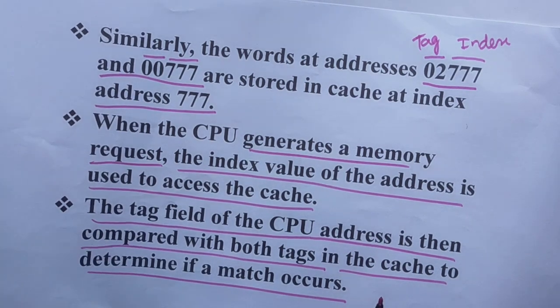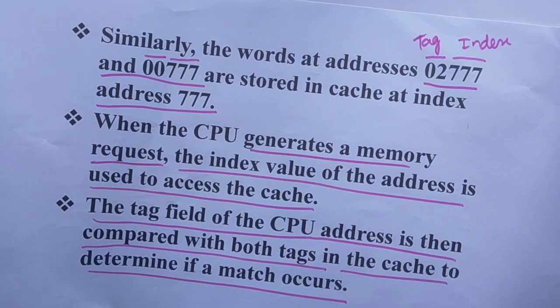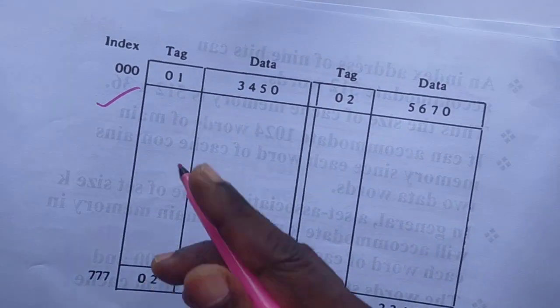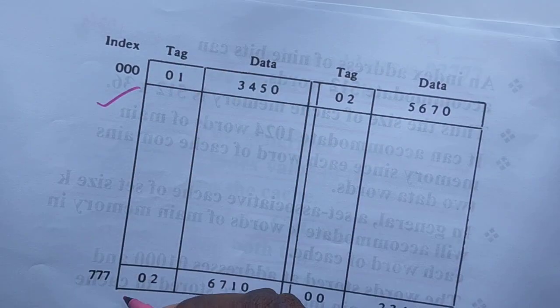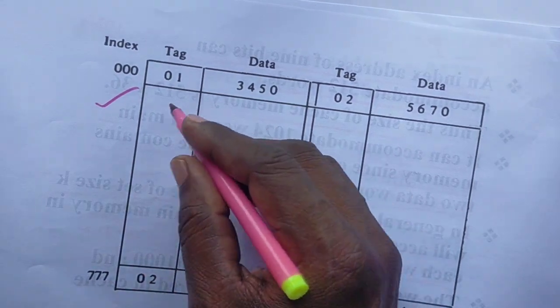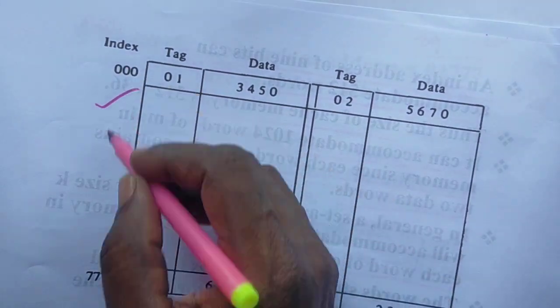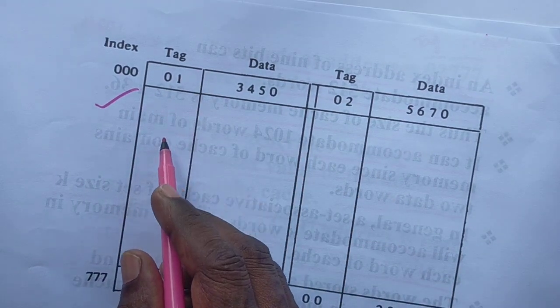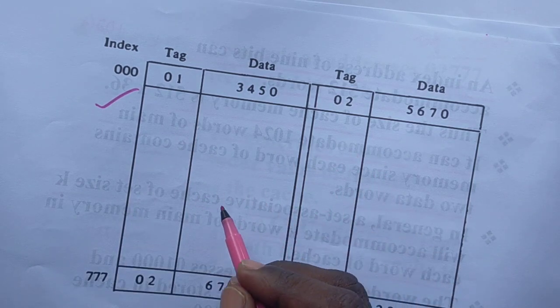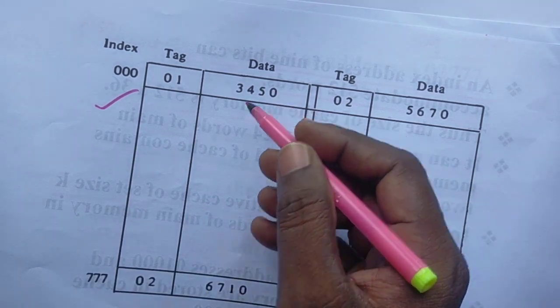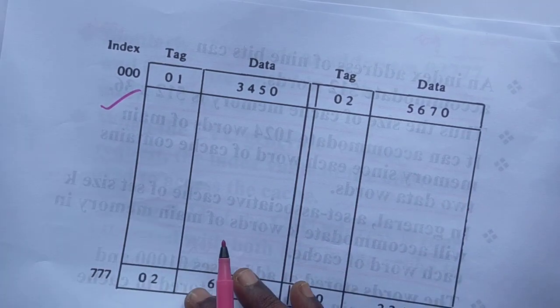So first of all, it will match the index. After that, compare with the tag. If the index is matched, compare the tag, either tag 1 or tag 2, whichever tag matches. Based on that, the corresponding data will be retrieved.